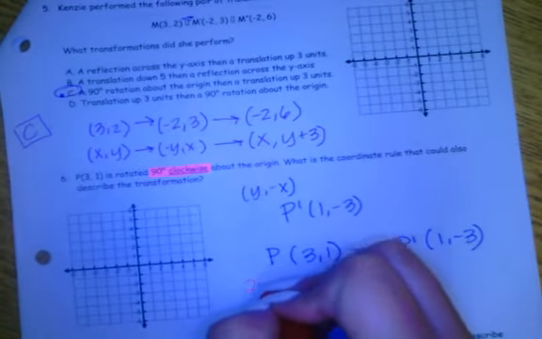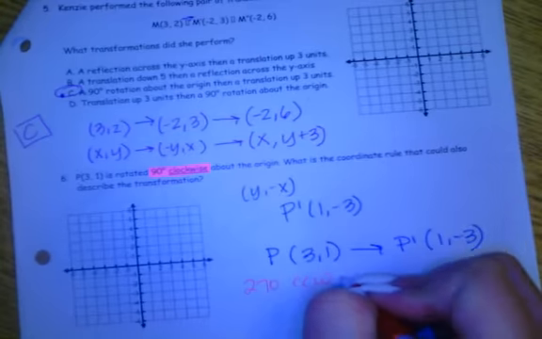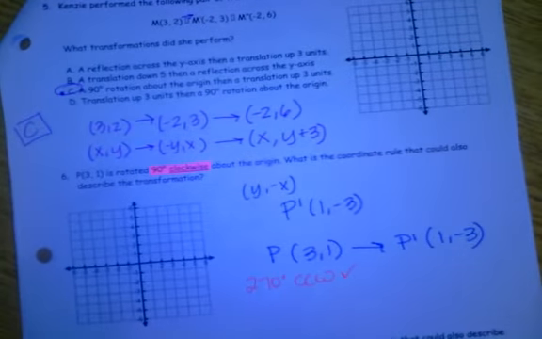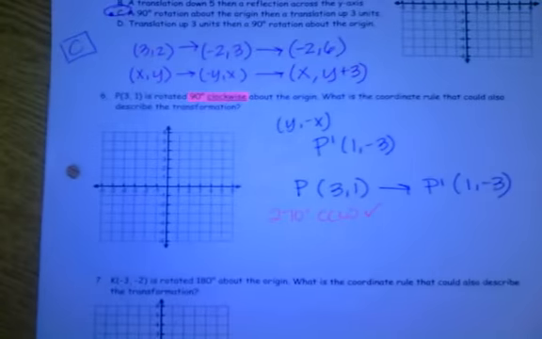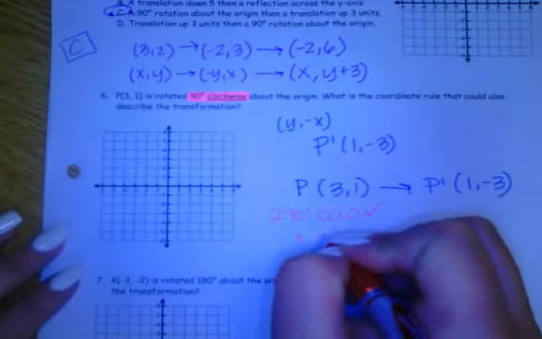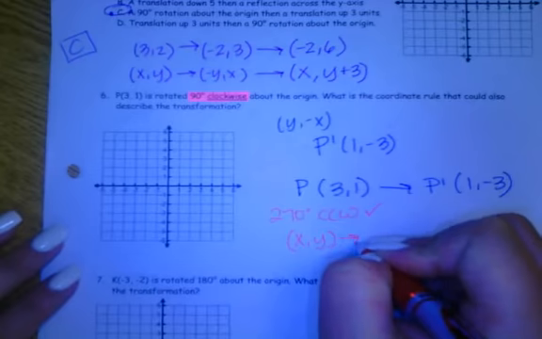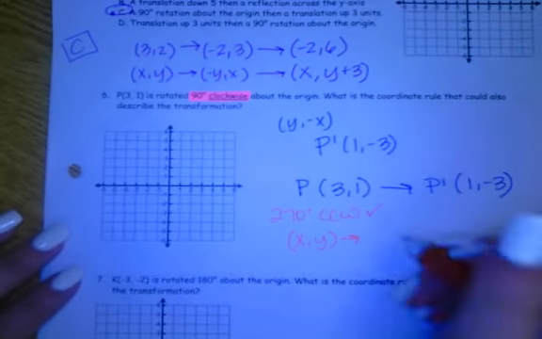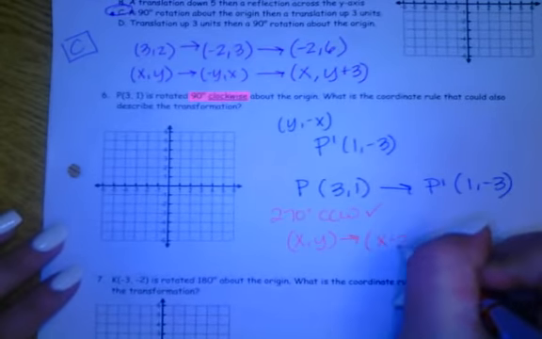What's another way? Very good. So, coordinate rule of X, Y yields X minus 2 and Y what? Minus 4.